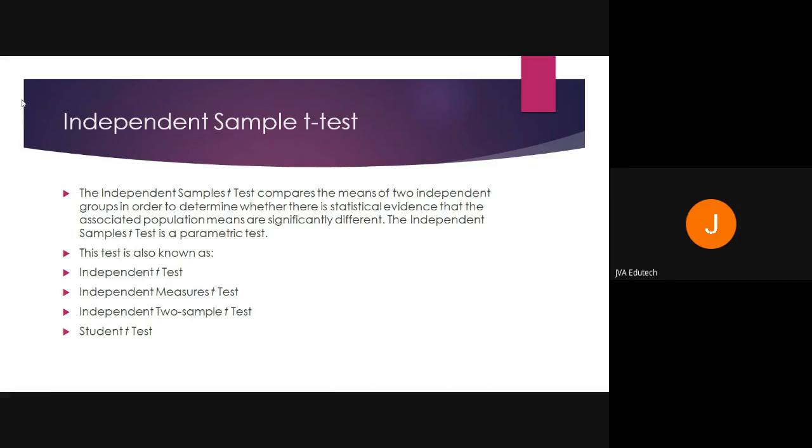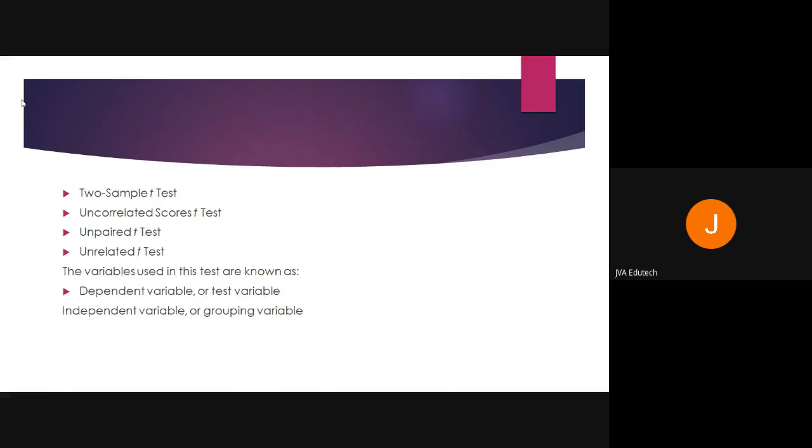So like male, female, smoker, non-smoker, athlete, non-athlete, where your population is divided into two groups and their characteristics do not match with each other. This test is also known as independent t-test or independent measures t-test, independent two sample t-test, student t-test, a lot of names are there. It has many names in different contexts.